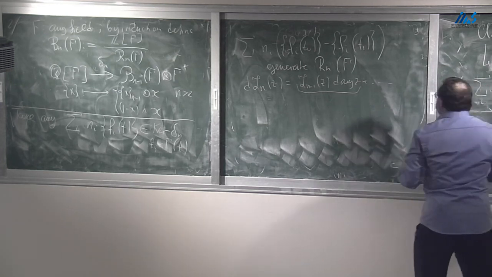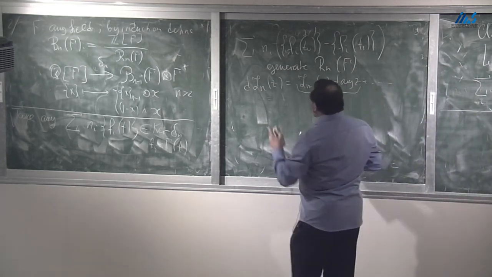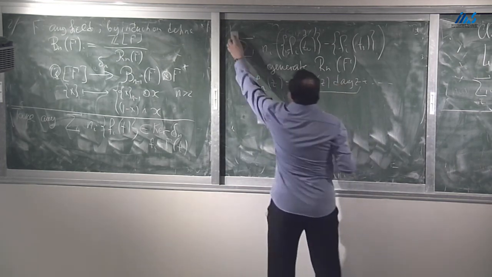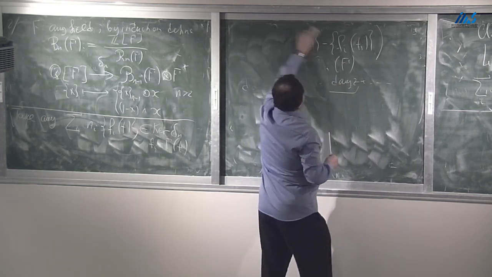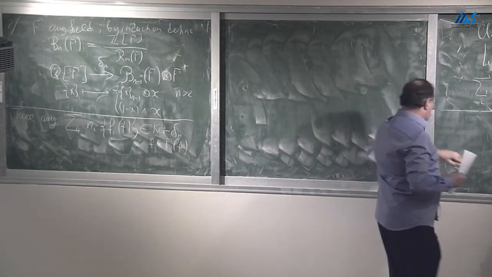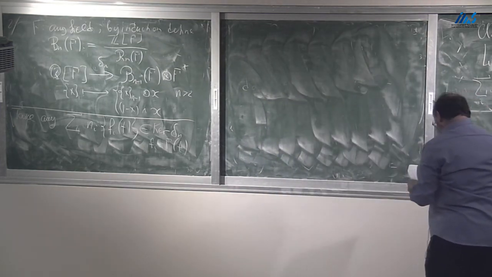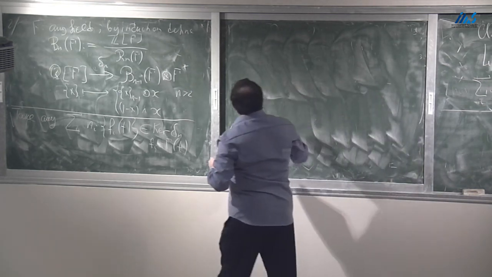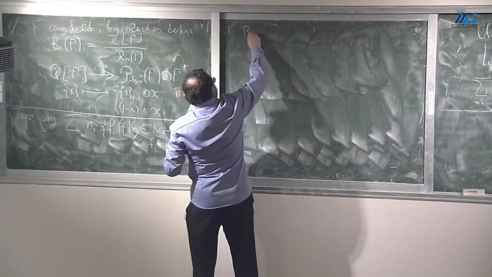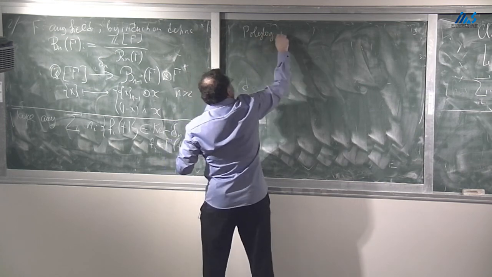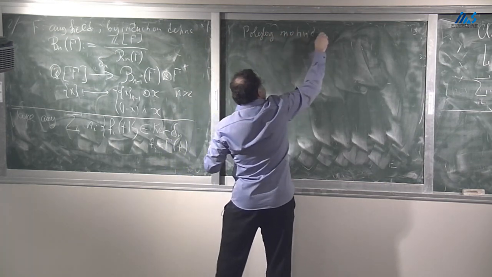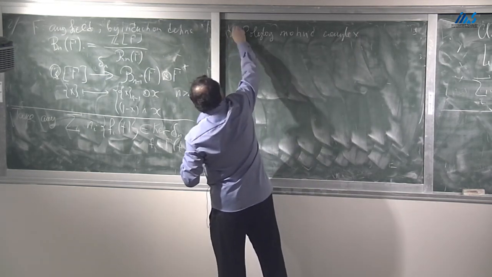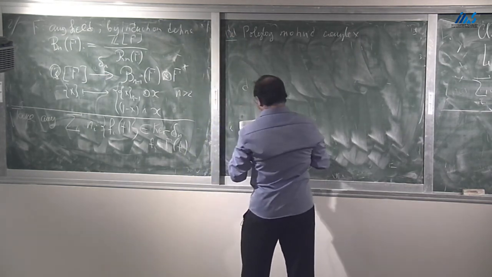Now, this definition allows me, so can I erase this if nobody objects? Now I can define the complex. This is the polylogarithmic motivic complex. That's a definition. And so it looks as follows.